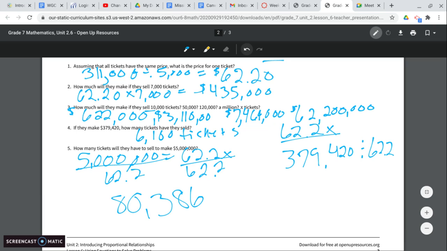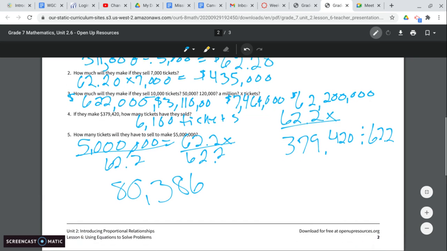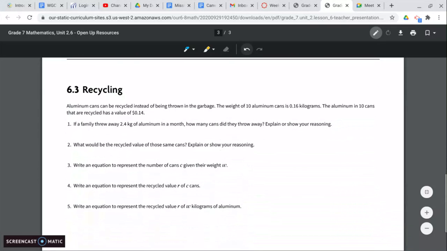We had to round it to get that. When we calculate it, we would actually find it's 80,385.85. Obviously we can't sell a portion of a ticket, so we rounded up to the nearest ticket. So that's how many tickets they would have to sell. So we created an equation, in a sense, to solve these. So we found that relationship. Relationship is your keyword for this lesson.